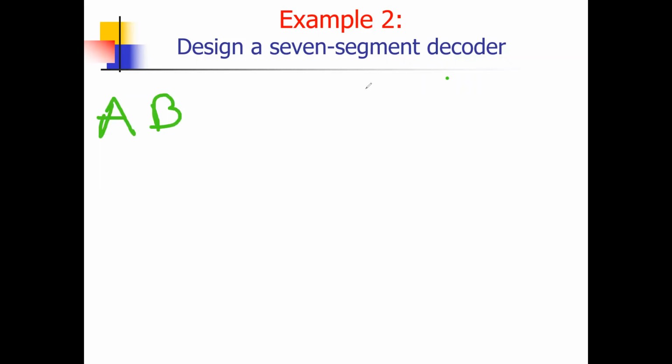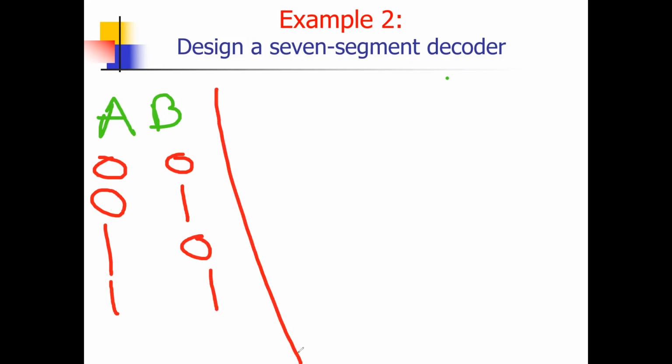But I want to design 1 bit. Means A has 1 bit and B has 1 bit. So maybe A has 0, B has 0. A has 0, B has 1. A has 1, B has 0, and both are 1, 1. So how can I compare these numbers? Equal or not?